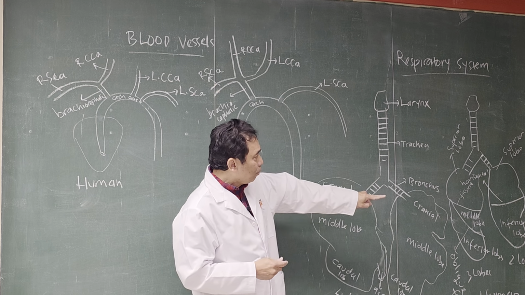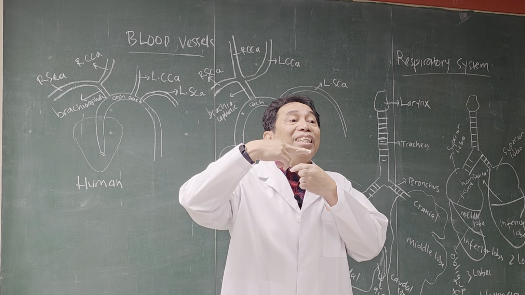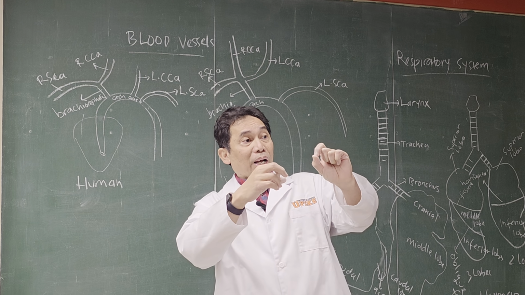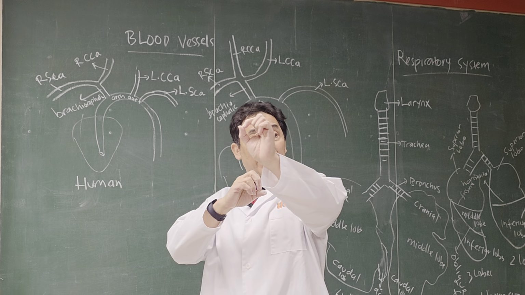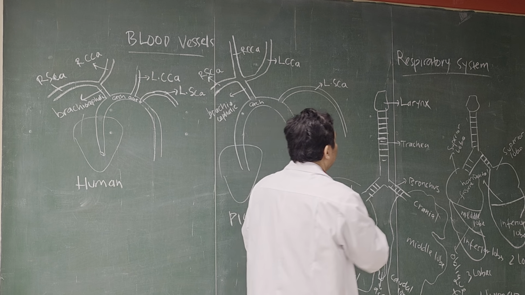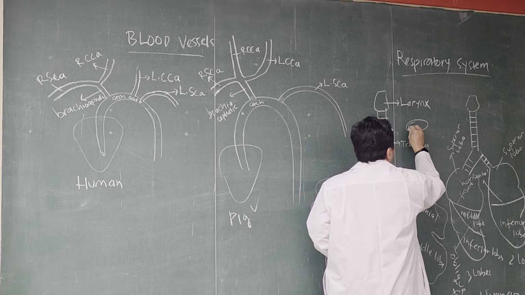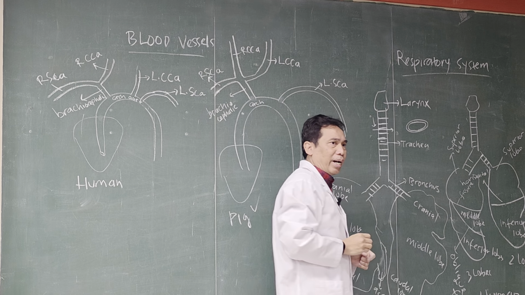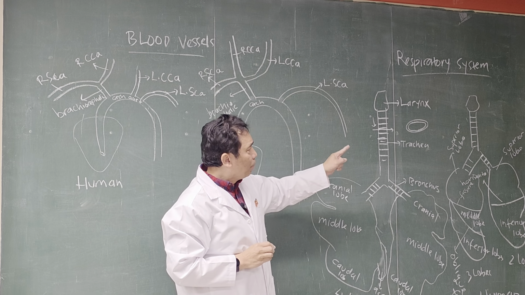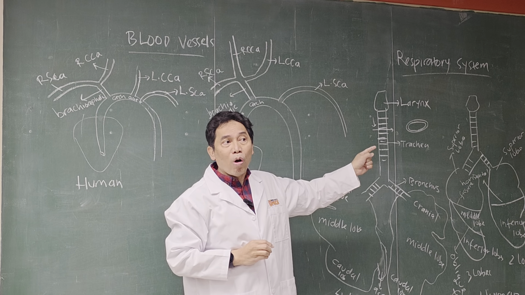Another difference, after you look at this trachea, you can cut it and look at it from the top, to see how the rings of cartilage in the trachea look. If you cut this and see from the top, you should be able to see that the cartilage rings of the trachea on the pigs are going to be complete. It looks like the letter O. Complete.